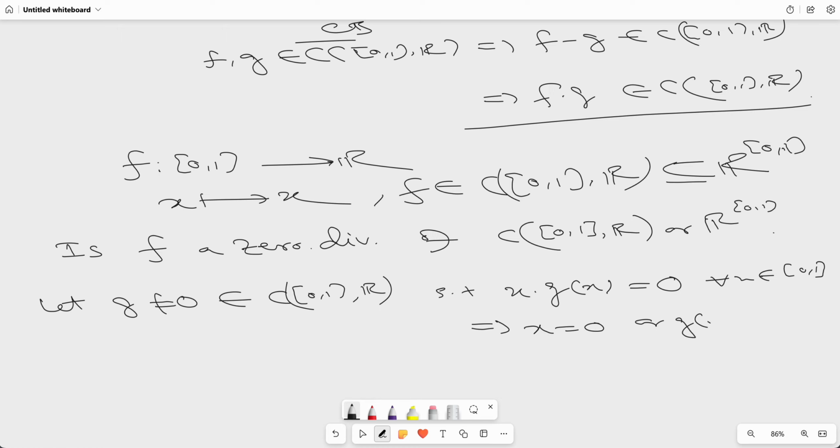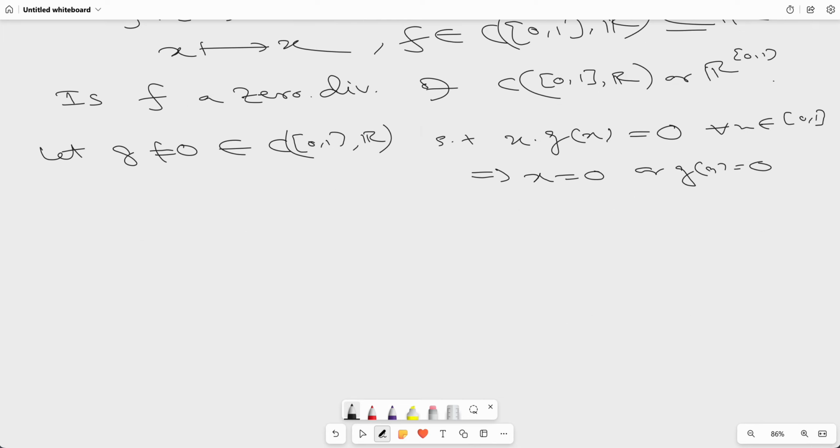I cannot take g(x) to be 0. So there is a choice: choose g(x) to be 0 if x is non-zero, and any non-zero value, suppose some k, whenever x is 0.